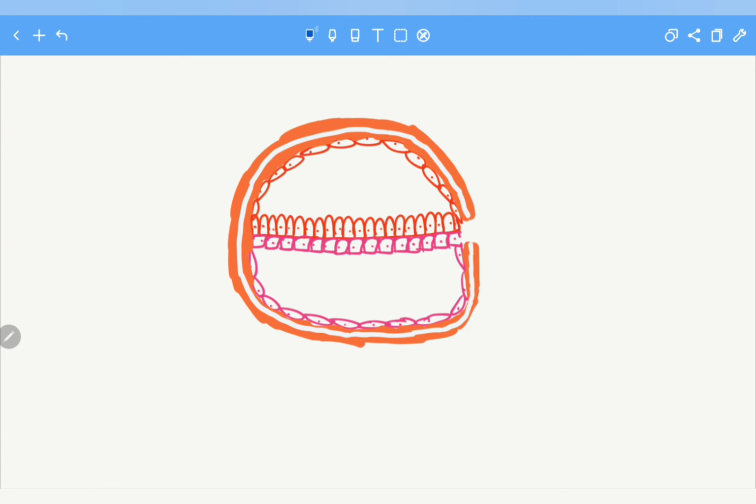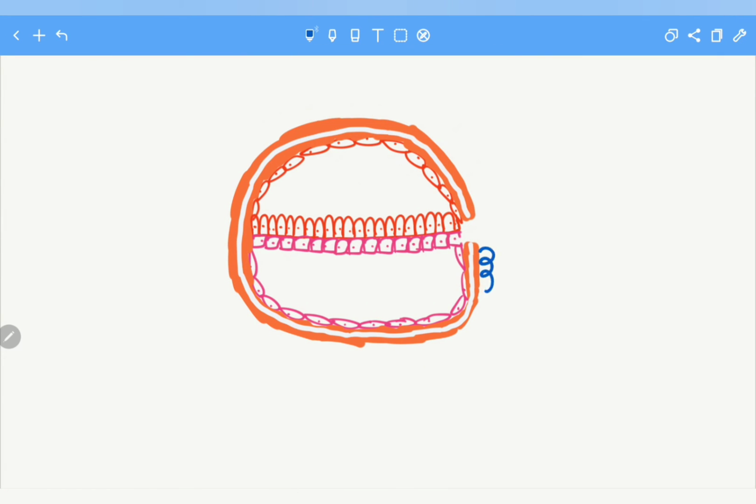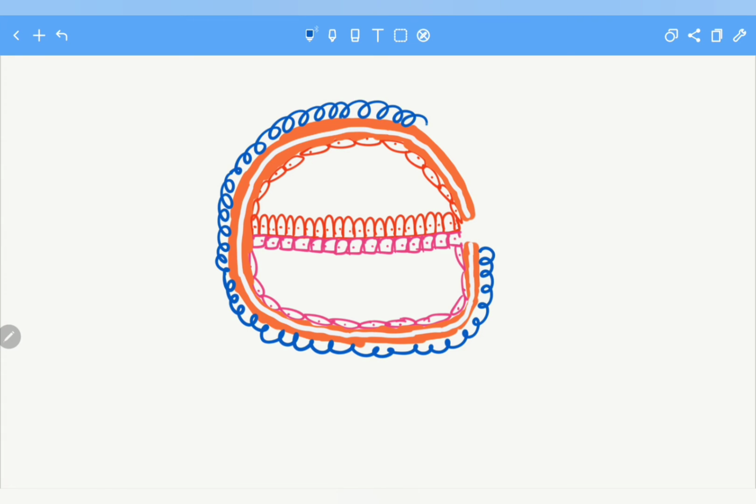Before explaining what these two layers are, I would like to draw the cytotrophoblast and syncytial trophoblast. This layer is the cytotrophoblast, and above that is the syncytiotrophoblast. And of course there are some fluid filled spaces. Now it is filled with maternal blood and it is called the lacunae.